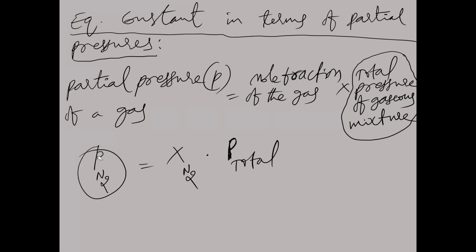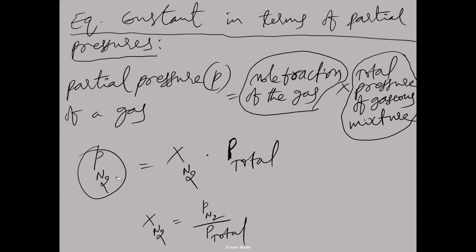So what is partial pressure generally? Partial pressure of a gas is equal to the product of the mole fraction of the gas and the total pressure of the gaseous mixture. That means the mole fraction of a given gas is equal to the ratio of the partial pressure of the gas to the total pressure of the gaseous mixture. This ratio gives the mole fraction.